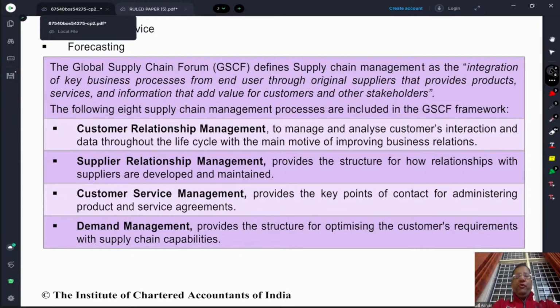Integration of key business process from end user through original suppliers, from end user to original suppliers, that provides products, comma, services, and information.